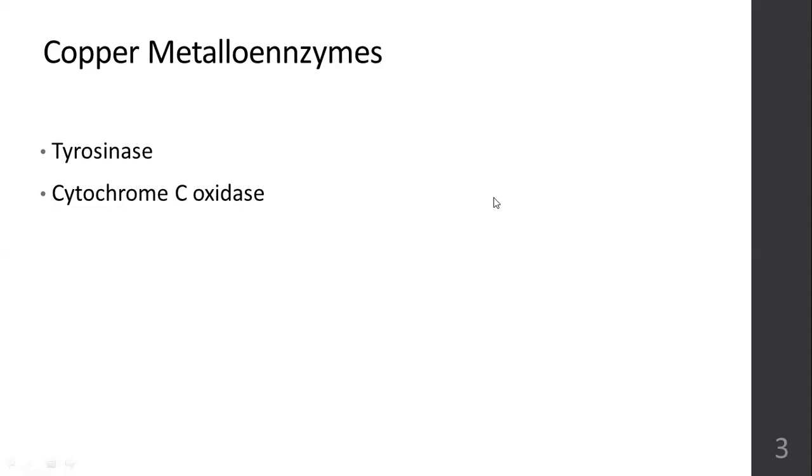If cytochrome C oxidase is not present abundantly, you are breathing and have oxygen in your body, but your cells are not able to use it properly. This is also a copper metalloenzyme. Copper as a cofactor is required for this enzymatic activity.